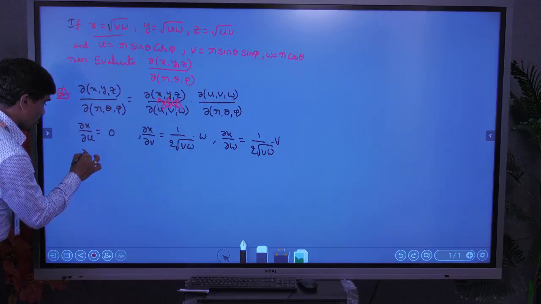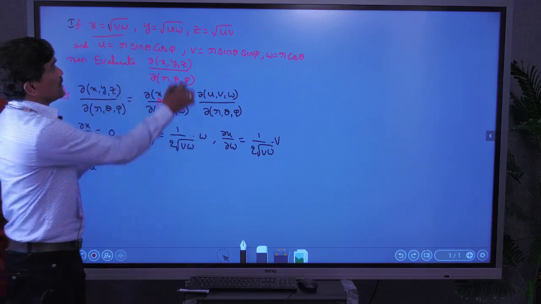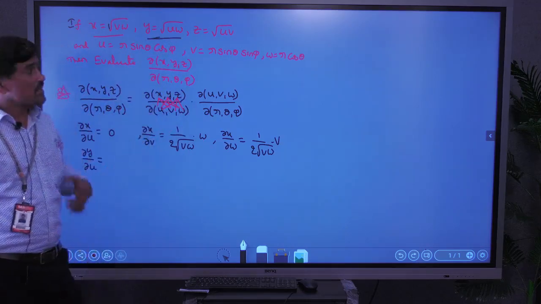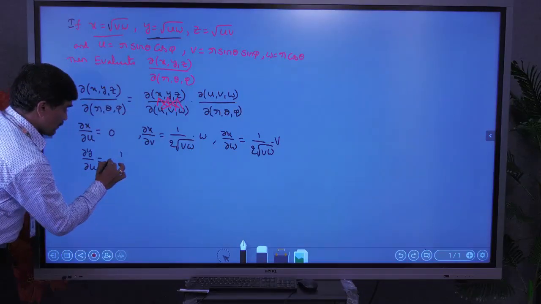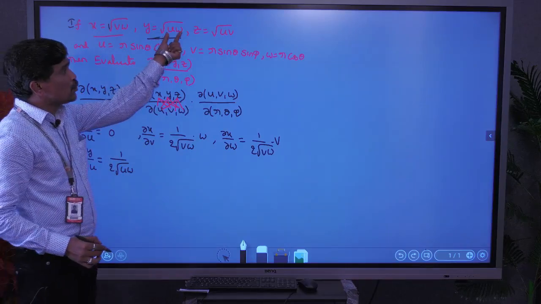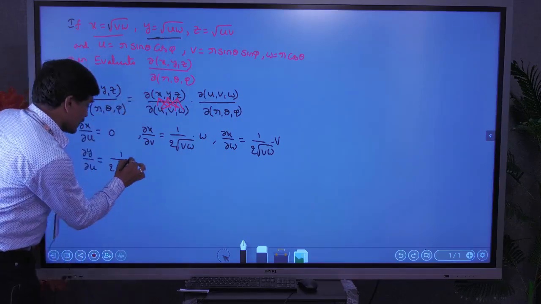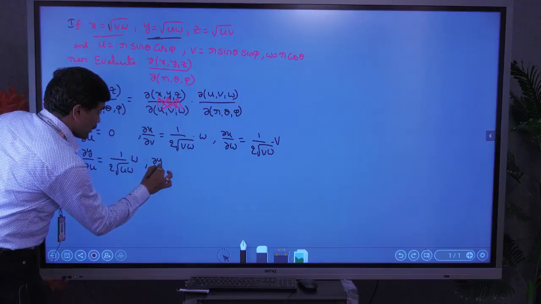Similarly, write dou y by dou u, y with respect to u. Again it is root x form, 1 by 2 root uw. So uw with respect to u we get w. Then dou y by dou v.